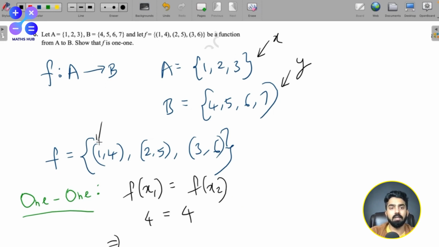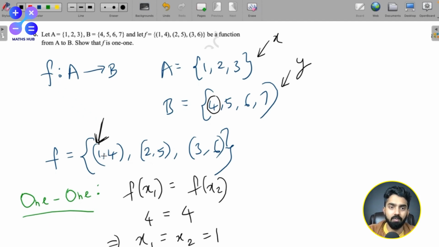There's only one possibility, right? Only if x is 1, you could have the y to be 4. So f of x1 is 4 and f of x2 is 4. Then this implies x1 is equal to x2 is equal to 1. So the idea here is that if you know there are two values of y which are 4, you should be able to prove that there's only one way you can achieve that with the function, right?